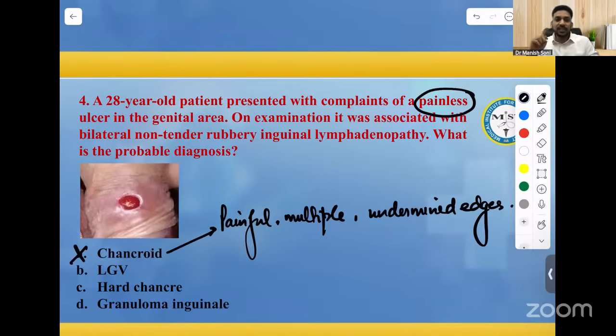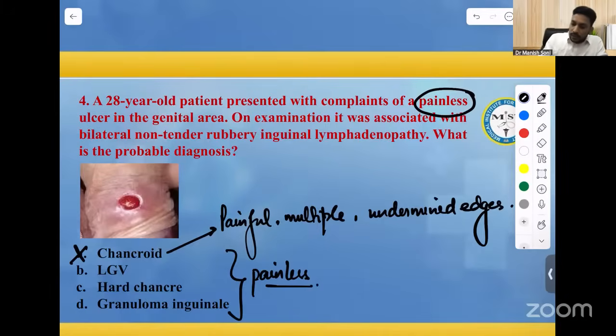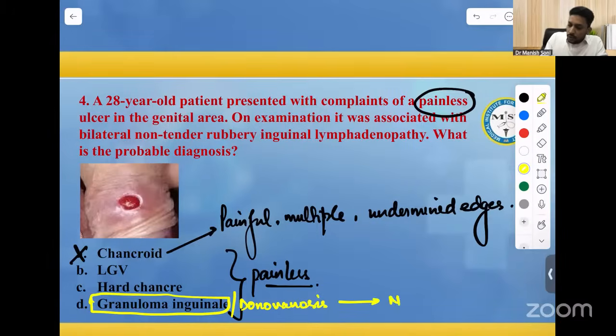Now we are left with three conditions, and all these three can have a painless genital ulcer. But if we talk about the lymphadenopathy, in granuloma inguinale, which is also known as donovanosis, no lymphadenopathy is seen.